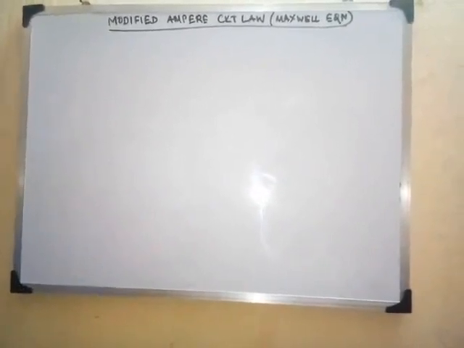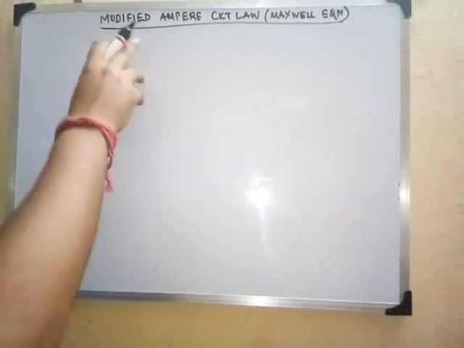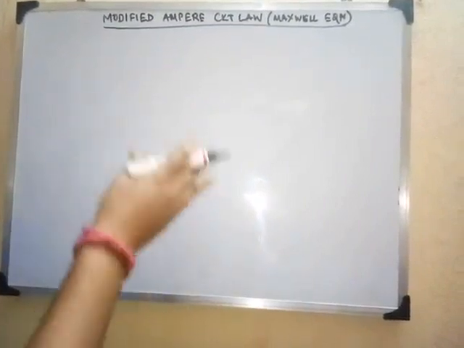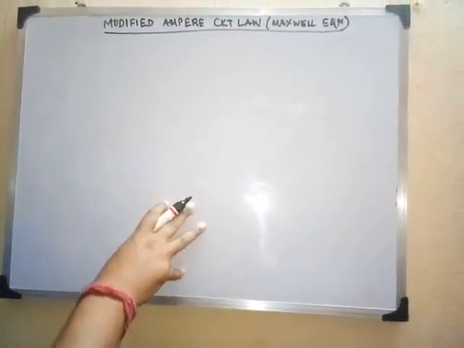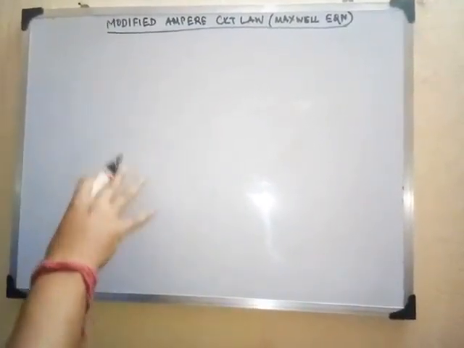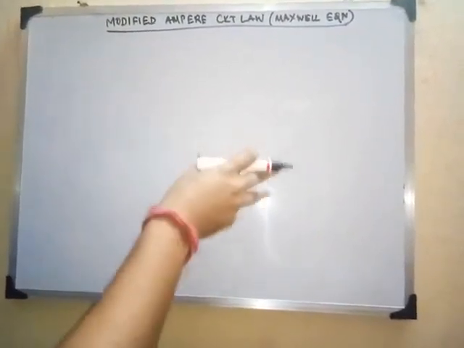Now after we learn the concept of this continuity equation, we'll move to the modified Ampere circuit law, right? I have told in my previous classes also that Ampere circuit law is a part of Maxwell's equations.